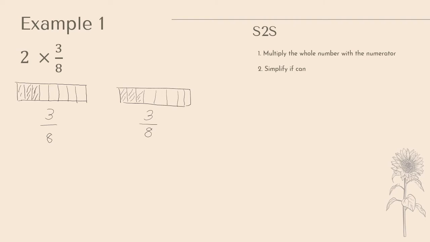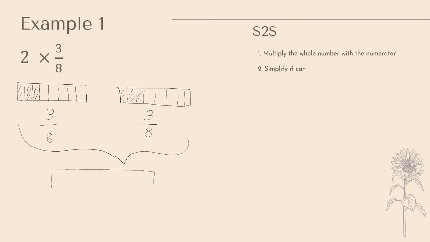If we combine them together, we can combine them because their denominators are the same. So when we combine them, how many shaded parts do we have? We have 1, 2, 3, 4, 5, 6. So we have 6 shaded parts.